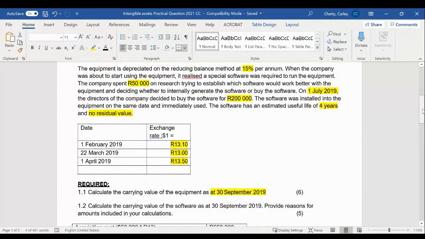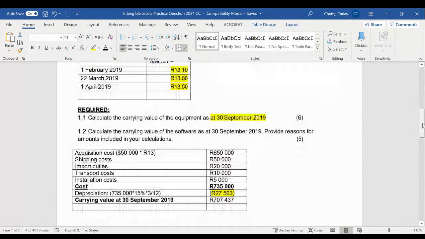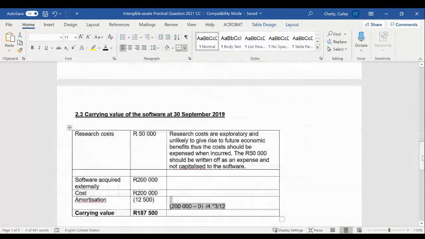So do you agree that we need to amortize the intangible asset from that date? From the 1st of July, we are going to amortize it till the end of the financial year, which is 30 September. So it's July, August, September. That is 3 months.